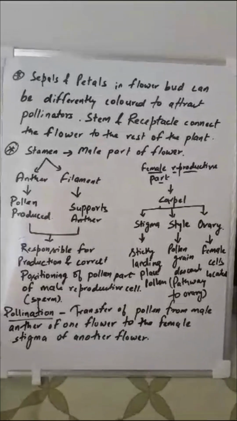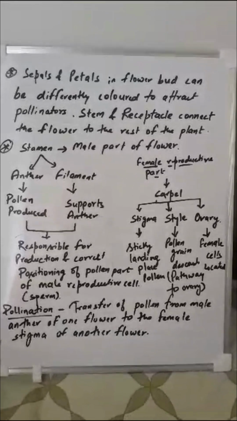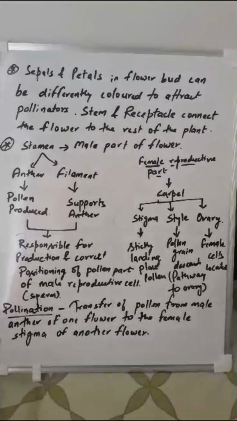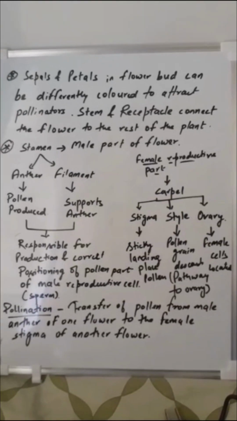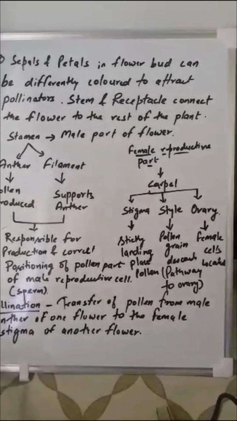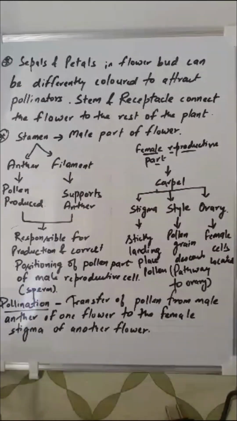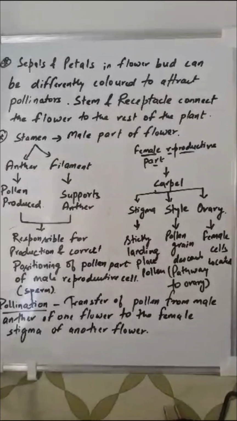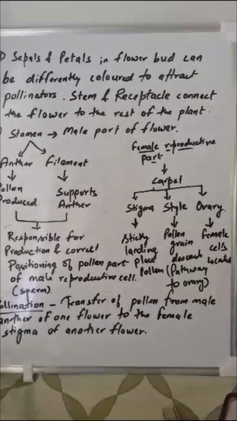Now we come to the female reproductive part, carpel. Friends, the next part we are discussing is the female reproductive part, which is called the carpel. As you have seen in the diagrammatic view of the flower, the first part was the stigma. The stigma is the landing place.